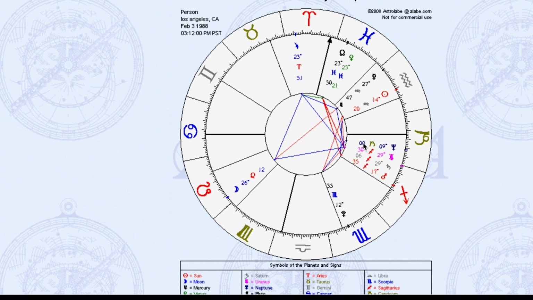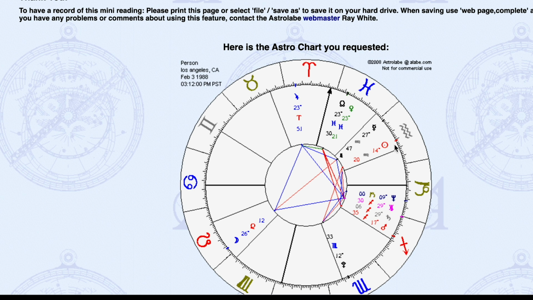Then we have Neptune in Capricorn, also in the sixth house. Then the seventh house cusp, we have Capricorn. Then we have the Sun in the eighth house at 14 degrees Aquarius, and Mercury 27 degrees Aquarius, also in the eighth house. At the ninth house, we have Venus in Pisces and the North Node in Pisces. And in the 10th house, we have Jupiter at 23 degrees Aries. So this is a birth chart.